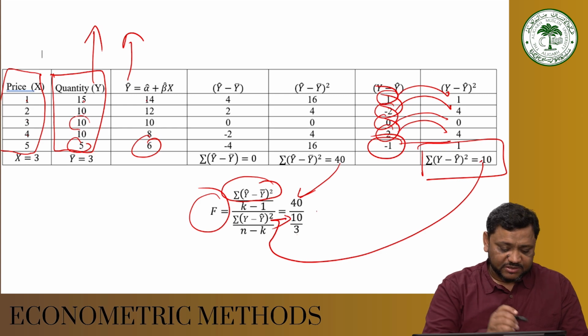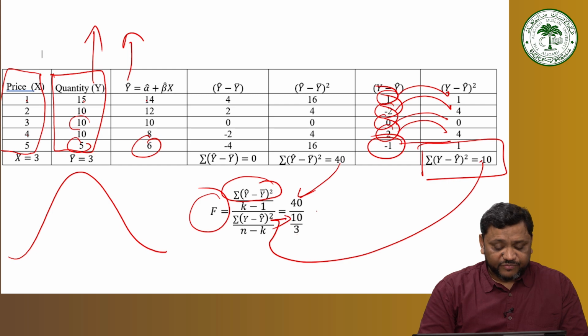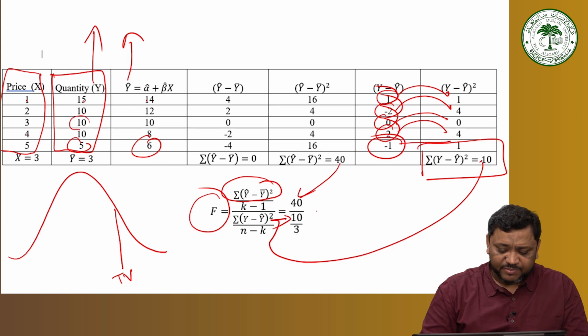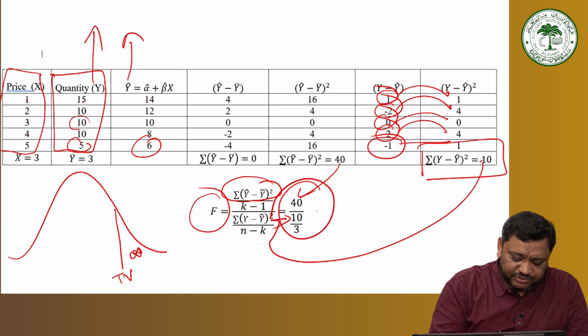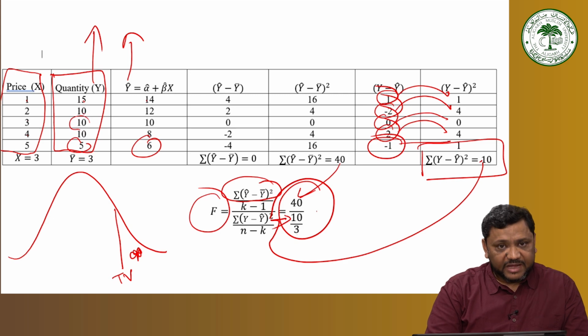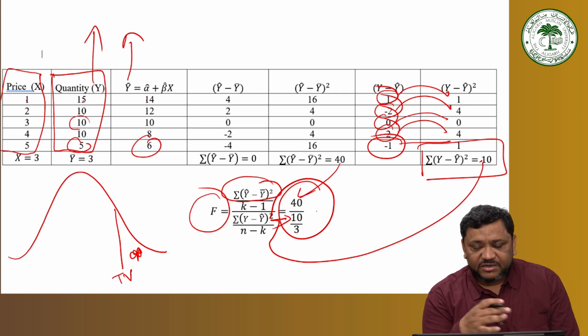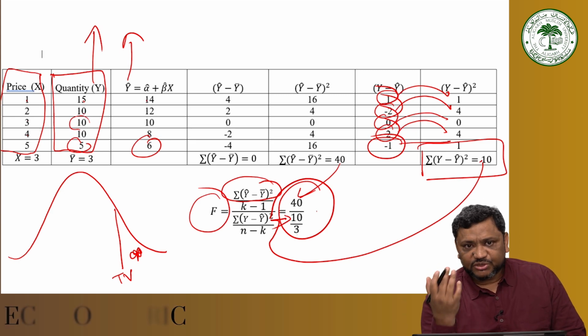Now we will have our F distribution, and we will get the table value from the statistical table. If this value falls in this region, then we say that our null hypothesis is that the relationship is not significant and the alternate hypothesis is that the relationship is significant.